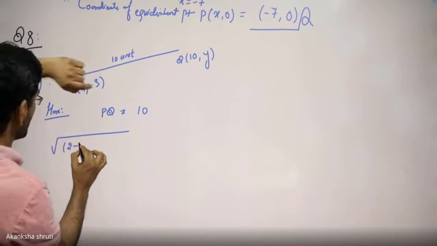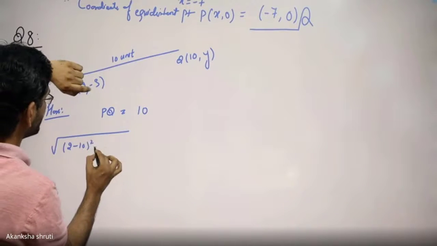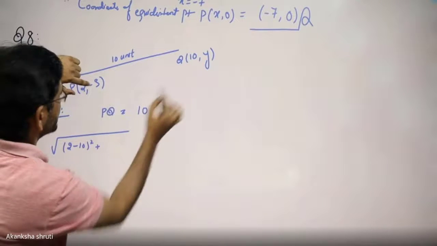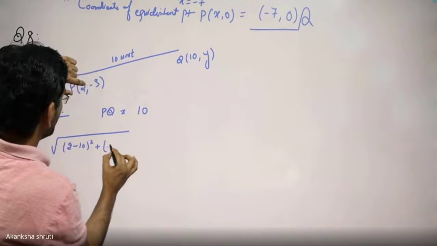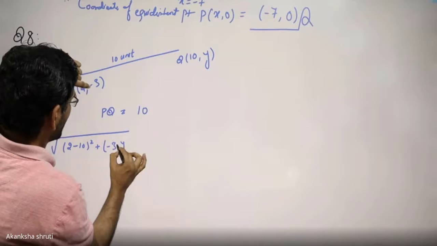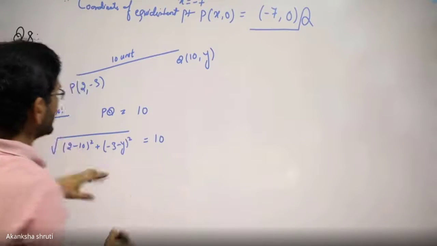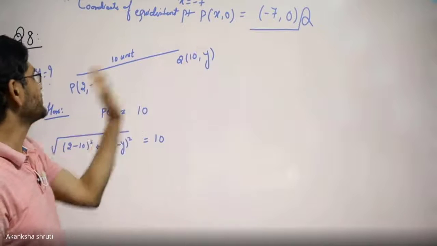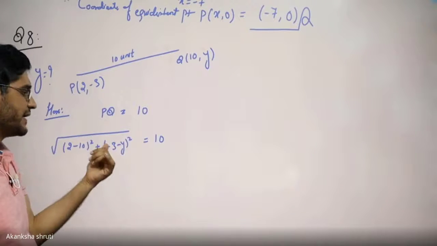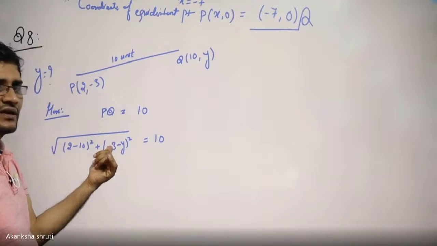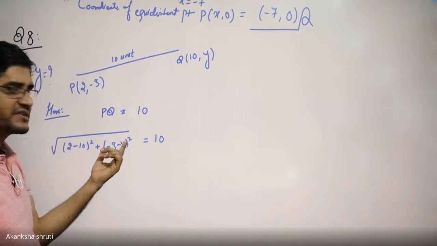It will be given by the difference of x coordinates, so (2 minus 10) squared plus the difference of their y coordinates, (minus 3 minus y) squared. This is 10. Students, one may take y minus of minus 3, meaning y plus 3. The calculation remains unchanged.